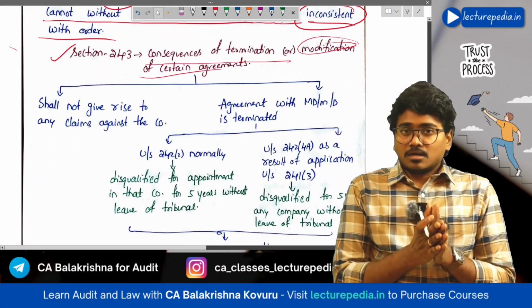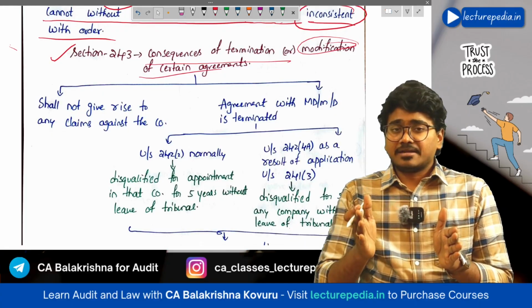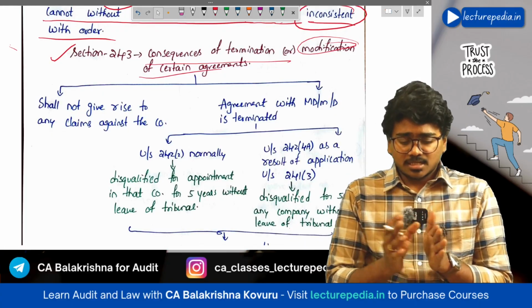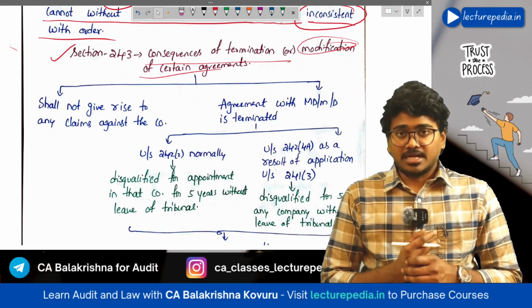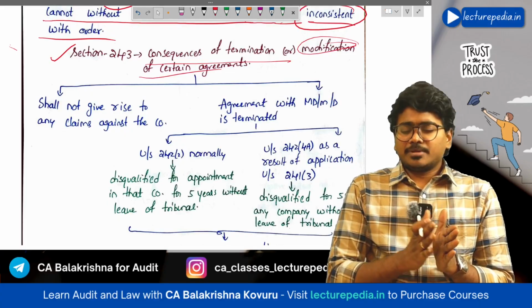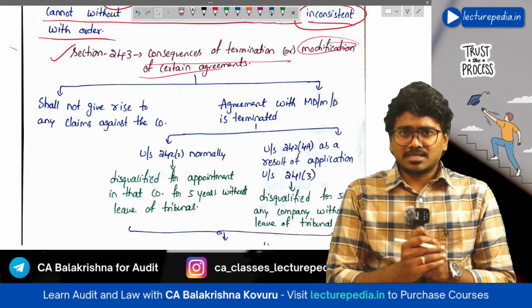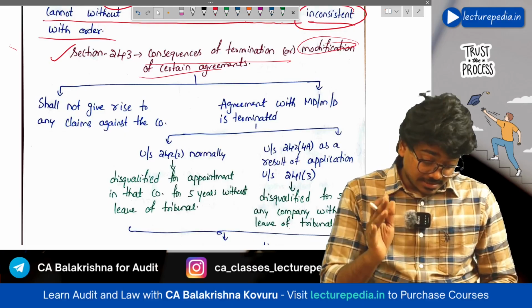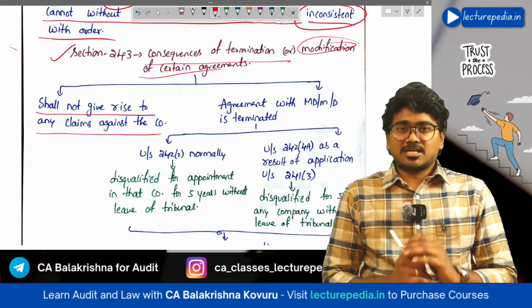Basically, the agreement between the company and the managing director or the director or the whole time director will be with respect to the employment agreement, right? So once the employment agreement between the company and the managing director or the whole time director has been terminated, then it shall not give rise to any claims against the company.